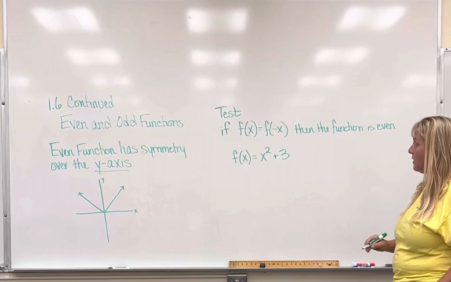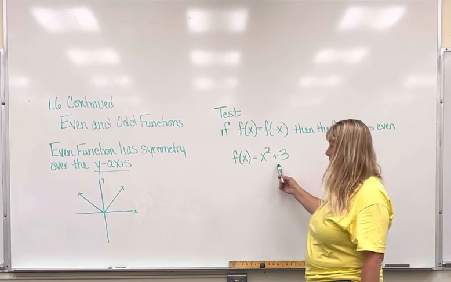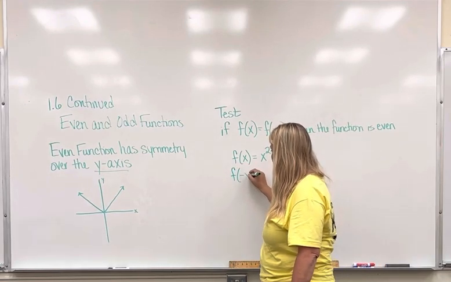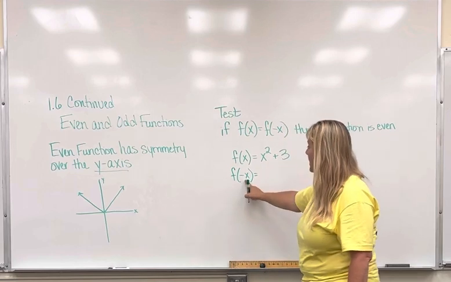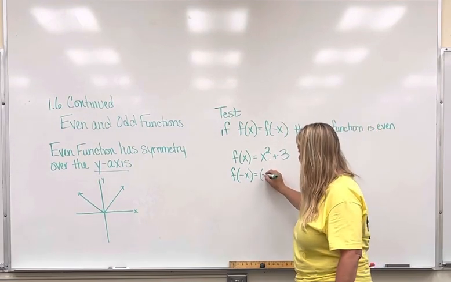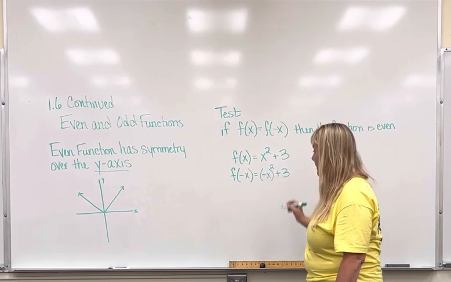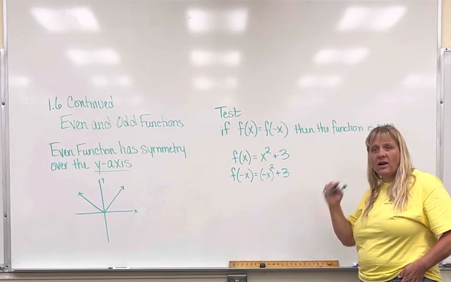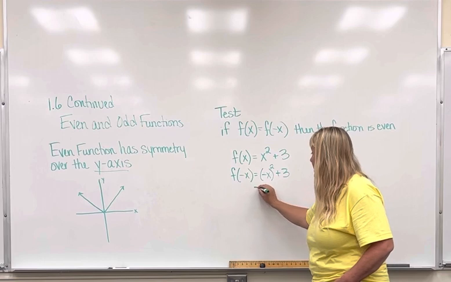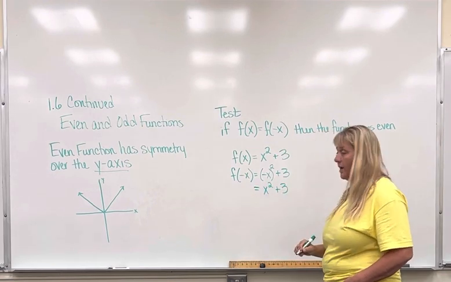In order to do the test, what we need is f of x, which we have, and we need to find f of negative x, which means we need to plug negative x in for regular x. So we're going to say negative x squared plus 3. But when you square that negative x, the negative is going to go away, isn't it? So we end up with just x squared plus 3.